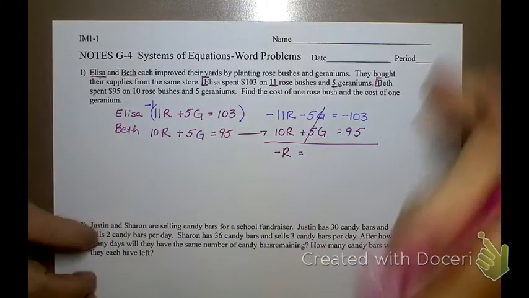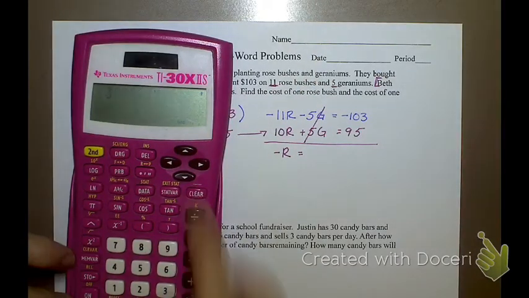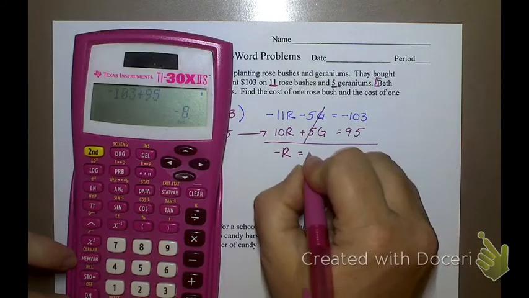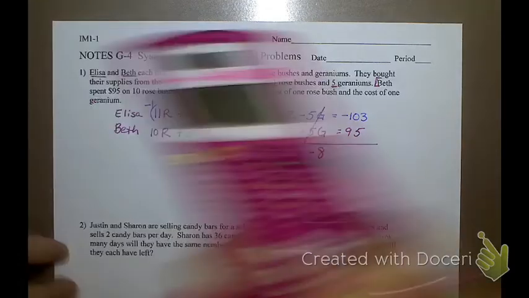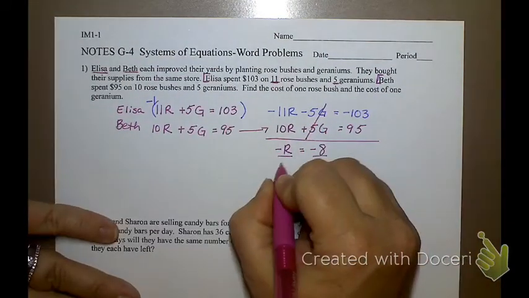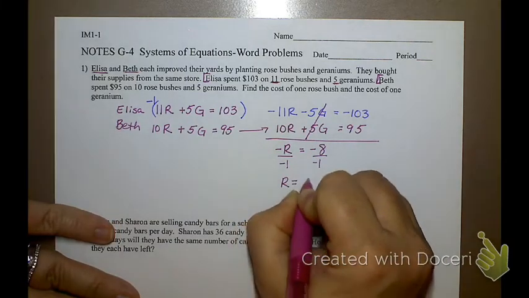And -103 plus 95 is -8. So I need to divide by what? -1, and I get R equals 8.